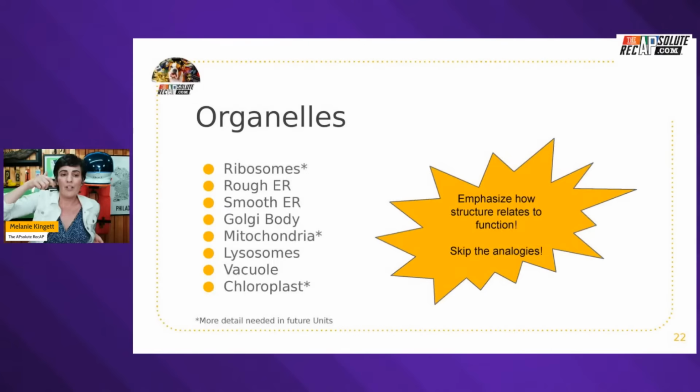Imagine the organelle breaks, right? Something goes wrong. What's going to happen as a consequence of that change? If something is interfered with or there's a mutation of instruction, how would that impact the functionality of that organelle? When we look at some example questions, that's what we will see.